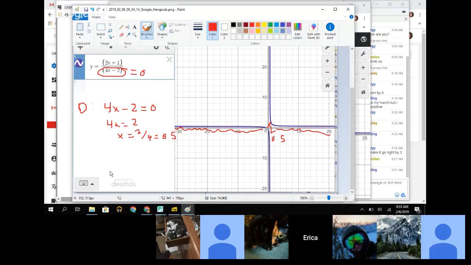Sometimes when you graph it, you can't get a great picture. It's not super straightforward, but you can still use this fact that your domain depends on your denominator equaling 0, and that will help you figure out where your domain and range are. So the domain is going to be all real numbers except x cannot equal 0.5.